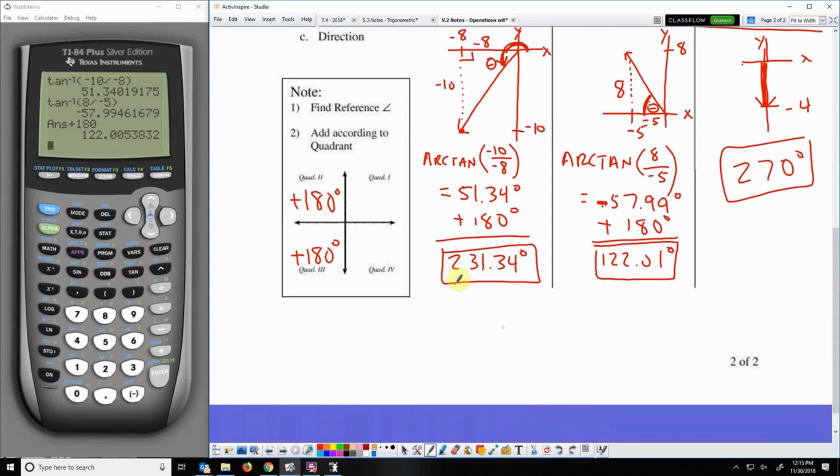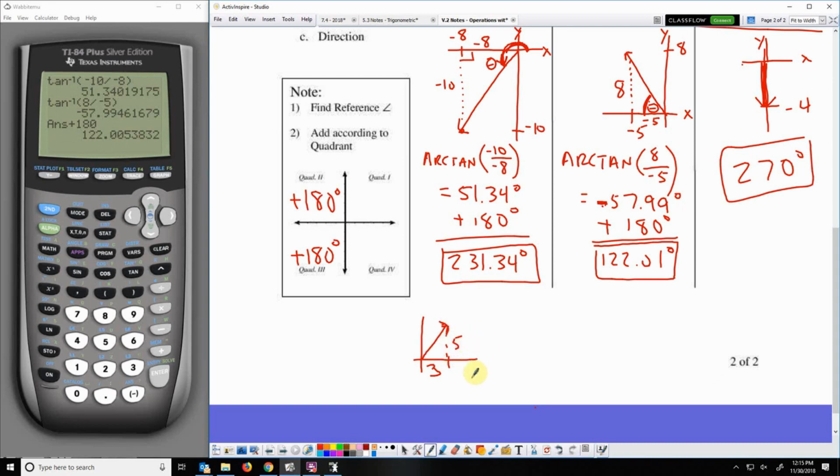Now we need to figure out what to do when it's in quadrant 1 or quadrant 2. So if I have something like, say it goes over 3 and up 5. So a vector like that goes over 3 and up 5.